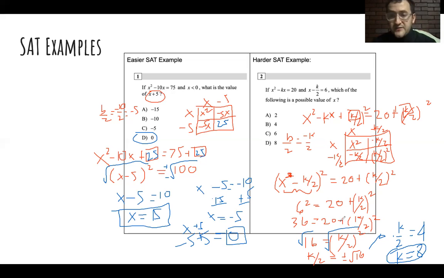On the other hand, we also have k over 2 equals negative 4, so then we could say that k is equal to negative 8.